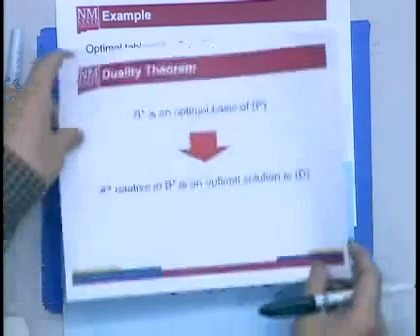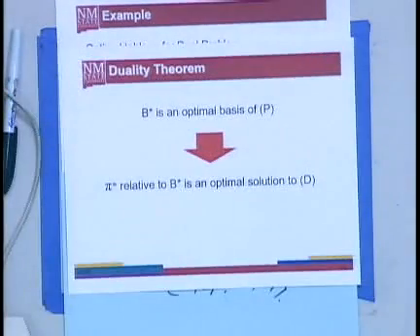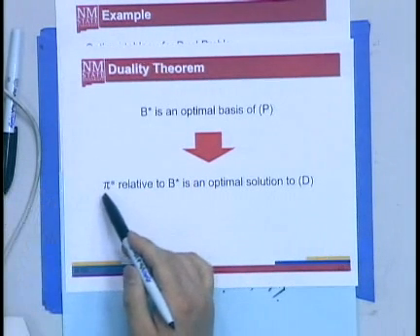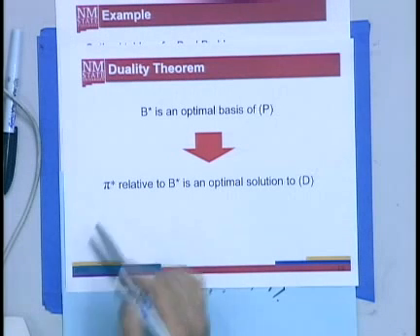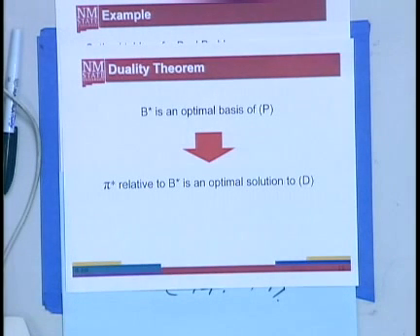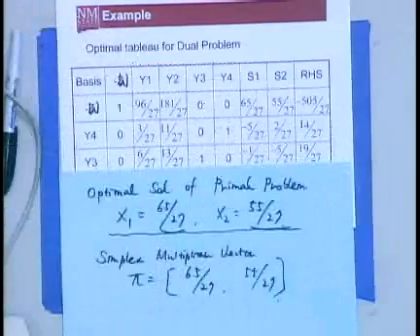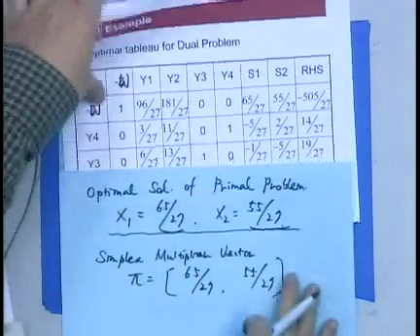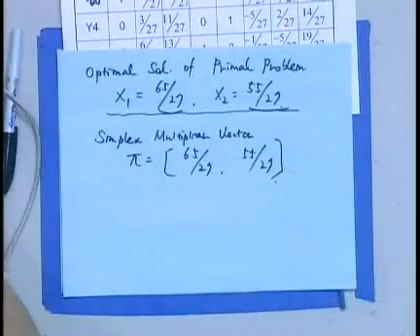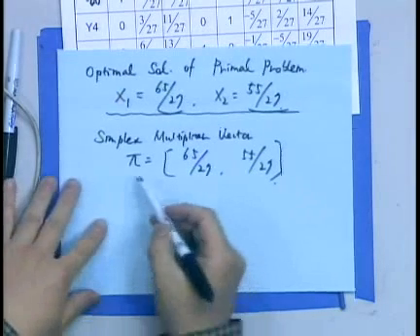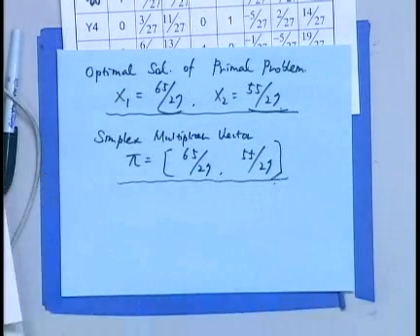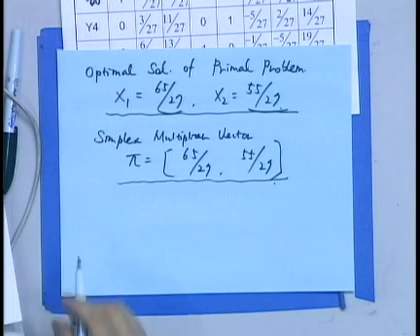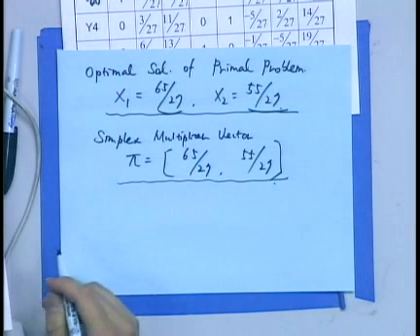Because just ago, the duality theorem says the simplex multiplier vector pi provides the optimal solution in the other problem, in the symmetric primal dual pair. Okay? And the pi value becomes this because of the reduced cost of the surplus variable.